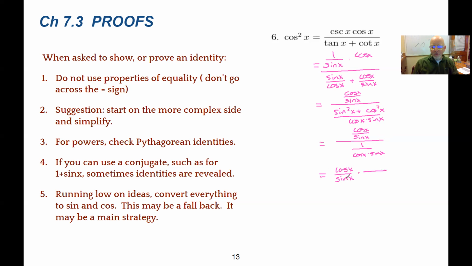So cosine x divided by sine x times, instead of 1 over, we're going to have cosine x sine x over 1. Okay, and those sines cancel. And that leaves cosine squared x. And then we look to the top, to our left side, and lo and behold, that is what we were looking to get. Cosine squared x, QED, as demonstrated, and we're in good shape on that one.